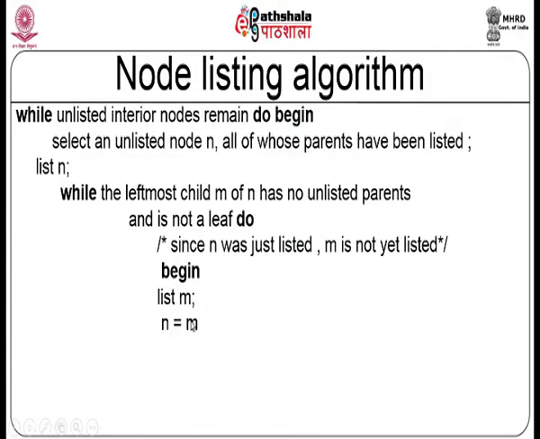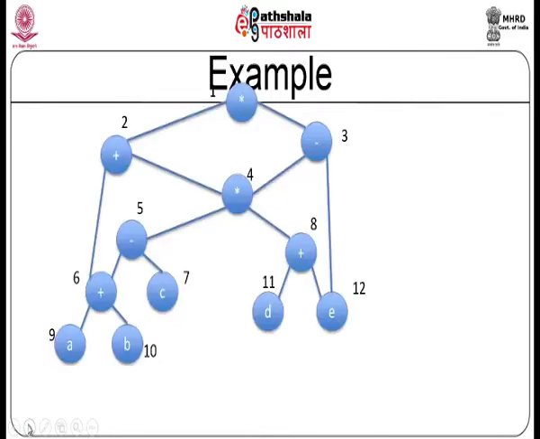And then you change n to m, finish it, and loop again here. So after listing it, this is your procedure. It's a recursive call because I am changing the values here. I am not showing it as a recursive call, but it's ultimately a recursive procedure. So what I have done here is numbered the nodes 1, 2, 3, 4, 5, 6, 7, 8, 9, 10, 11 and 12.